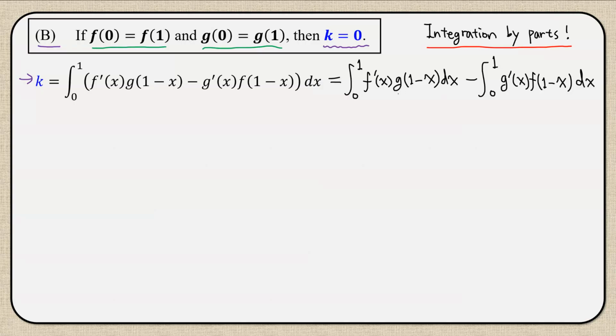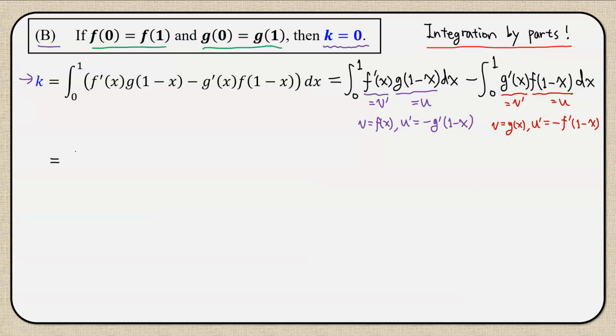As for the first integral, we let u equals g(1-x) and v' equals f'(x), which gives u' equals minus g'(1-x) and v equals f(x). As for the second integral, we let u equals f(1-x) and v' equals g'(x), which gives u' equals minus f'(1-x) and v equals g(x).